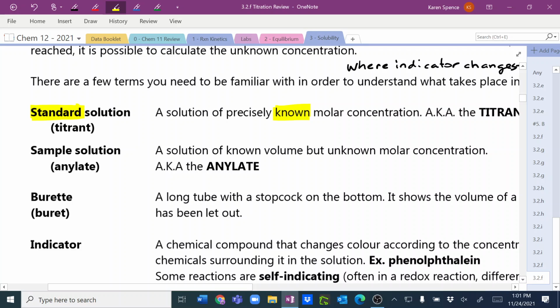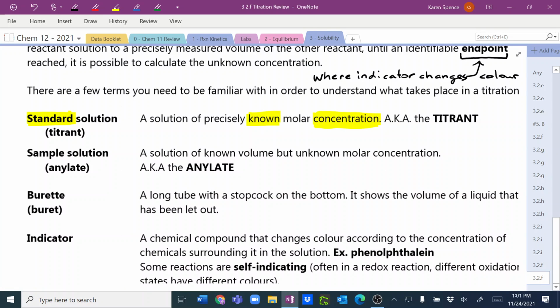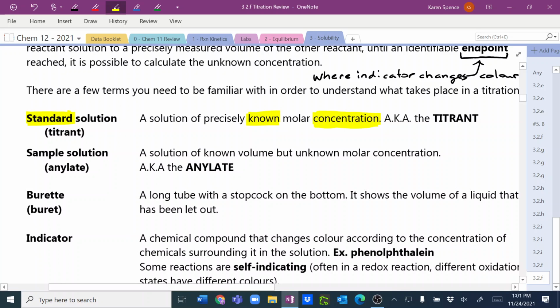So you have to know the concentration of one of the 2 substances. And most often this is referred to as the titrant. So the standard, which is of known concentration, is the titrant, and the titrant goes in the burette.